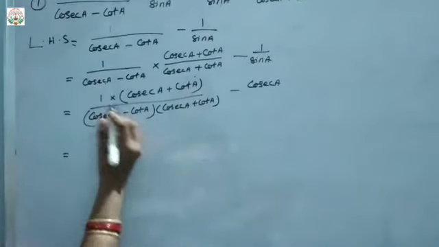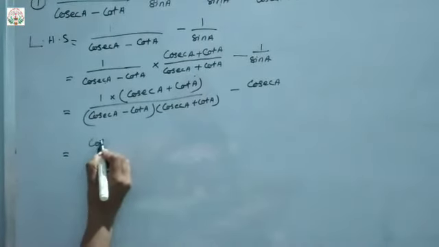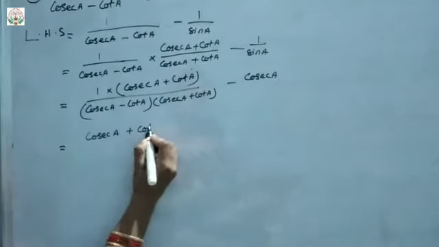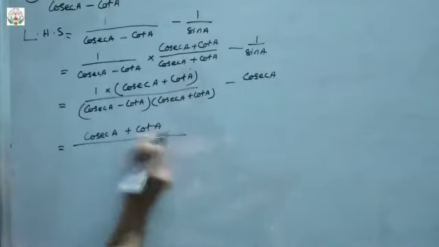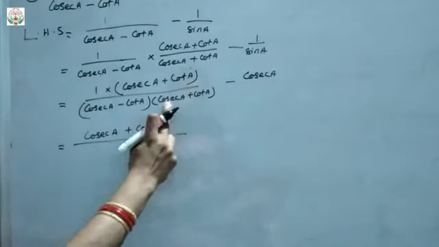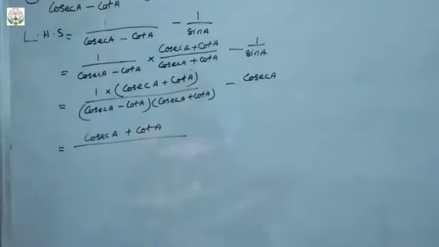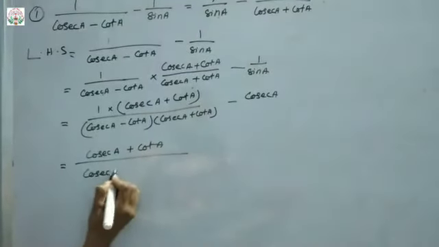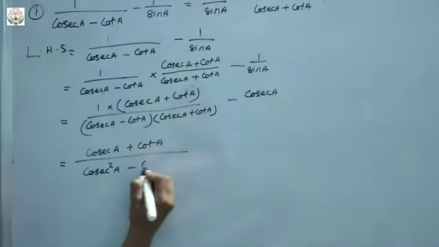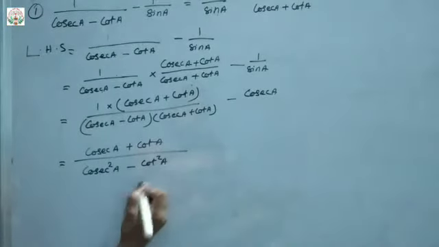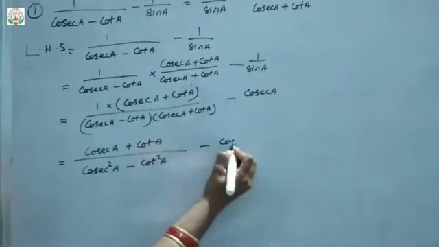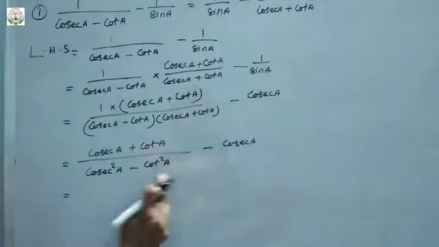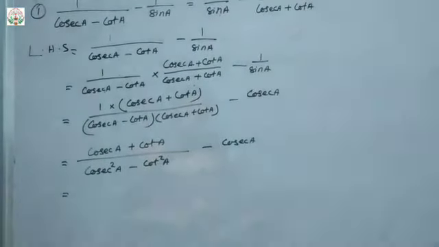Now which is equals to, now write this, multiply with 1. So you will get the same value, that is cosec a plus cot a upon a minus b into a plus b. What is the formula? That is a square minus b square. So it will be cosec a plus cot a upon cosec square a minus cot square a, minus cosec a. Now we know the value of this one is 1.